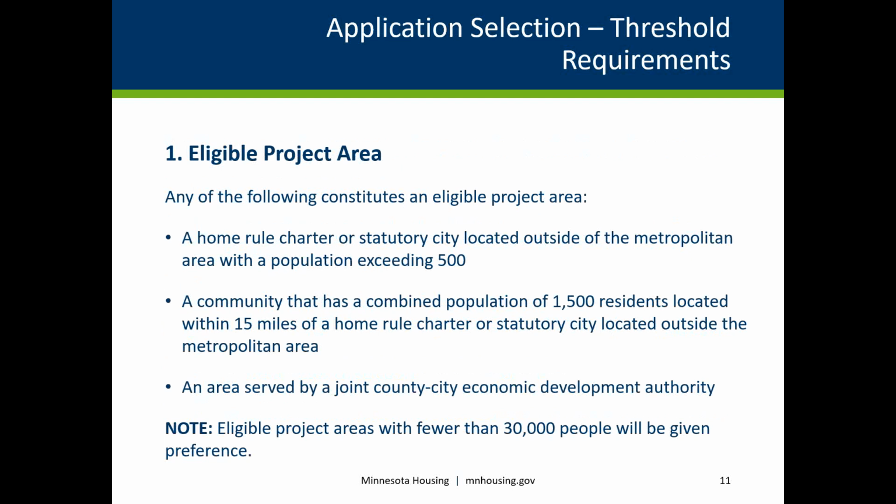Eligible applicants are typically small to mid-sized communities in greater Minnesota. We mostly see cities applying, but there are a couple other ways you can apply if you read over the statute in greater detail. And any questions on that, feel free to reach out to me.